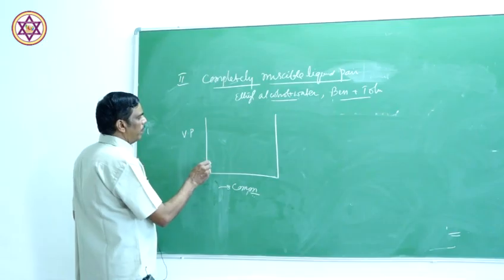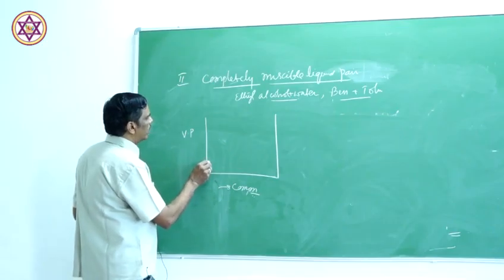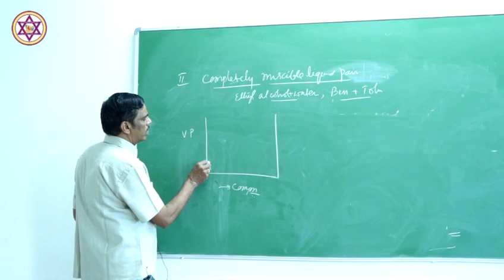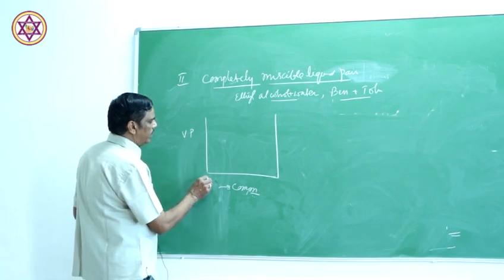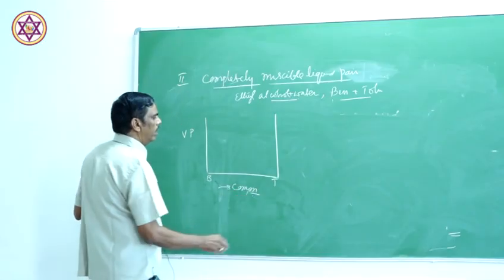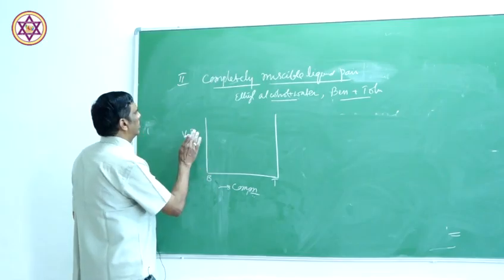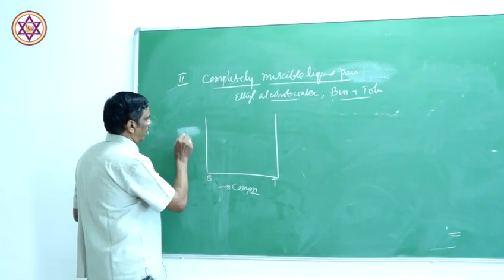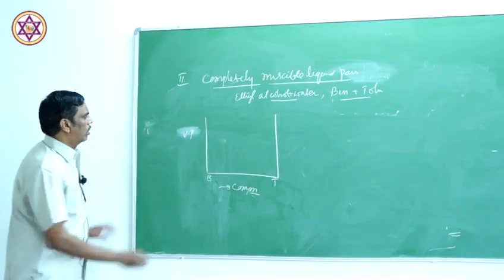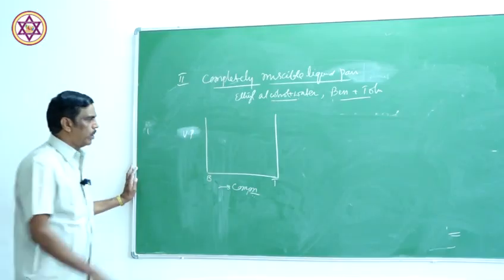as the vapor pressure increases, the percentage composition also increases. For example, take benzene and toluene. Benzene has a lower vapor pressure when compared to toluene.